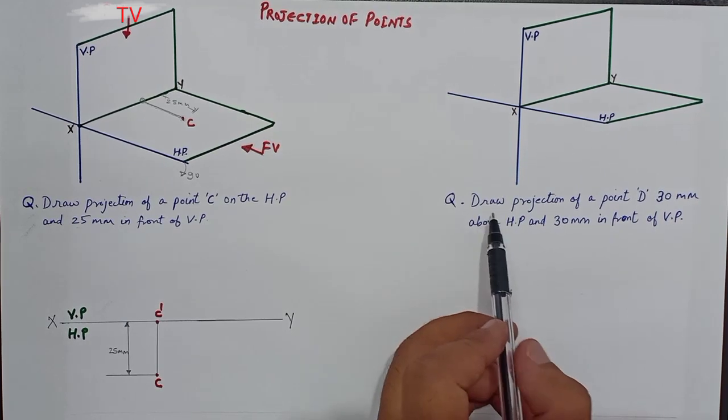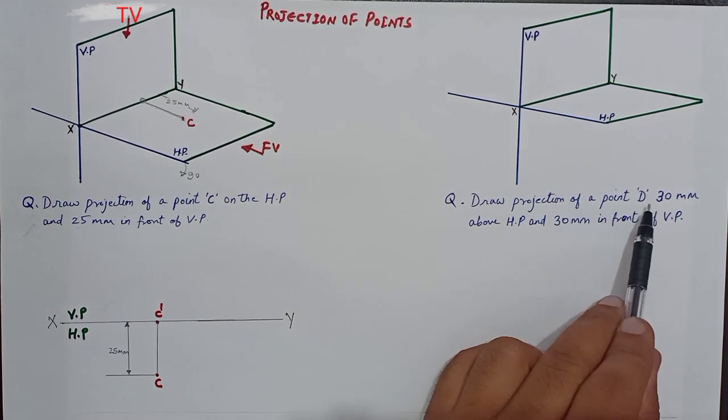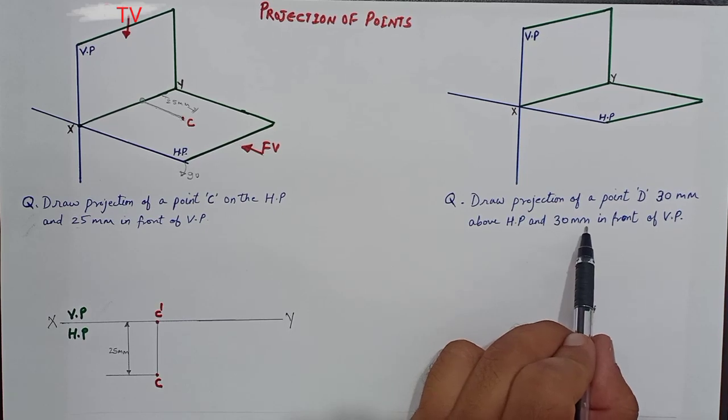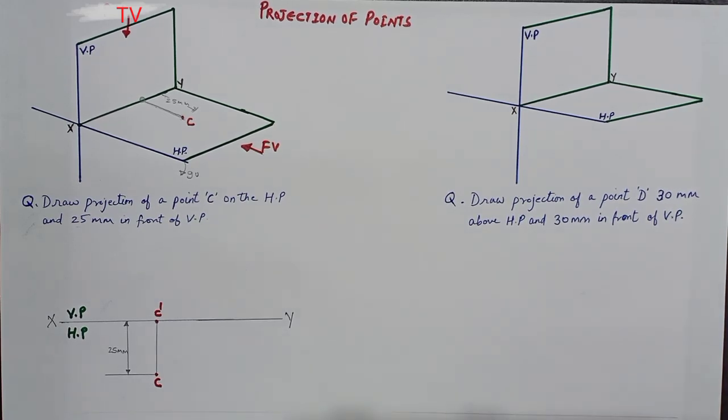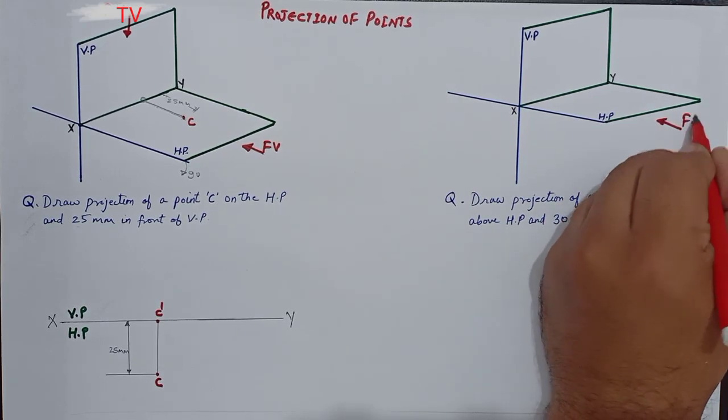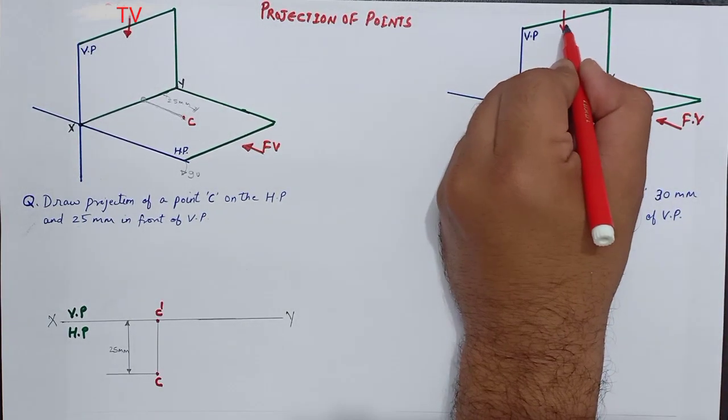The next question: draw projection of a point D 30 mm above HP and 30 mm in front of VP. So observer looking in front view and top view.